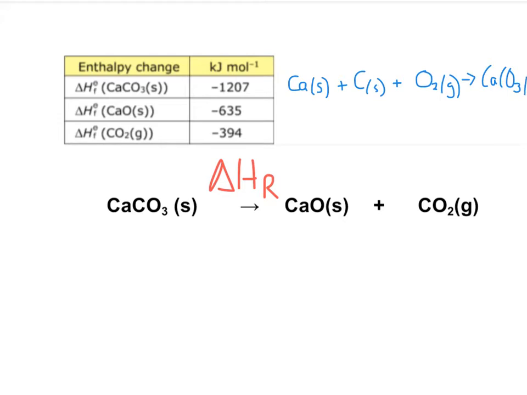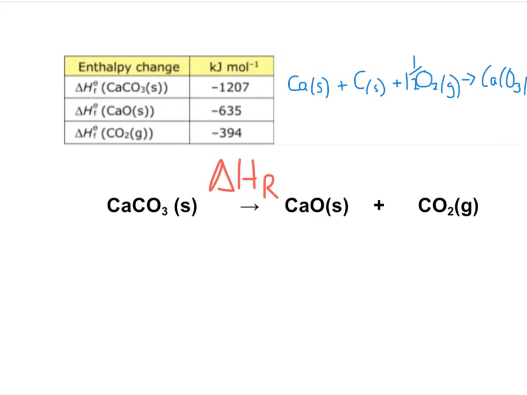Now I've got to keep the state symbols there. There's an s there for solid, but I've got to keep the balancing right. So you can see that I've got 3 atoms of oxygen in this calcium carbonate, so therefore I need 1.5 molecules.